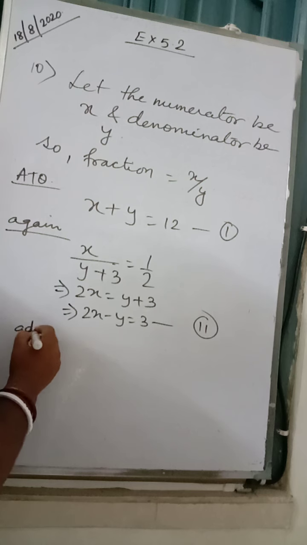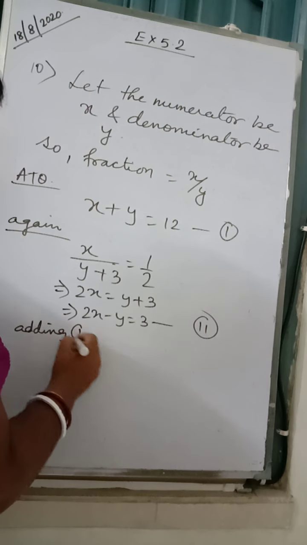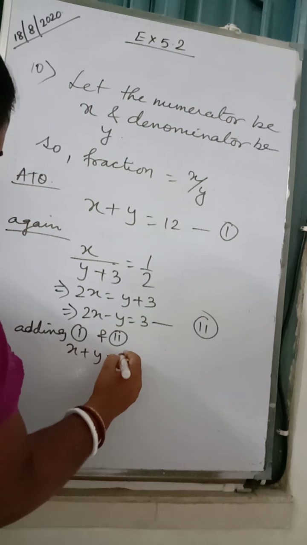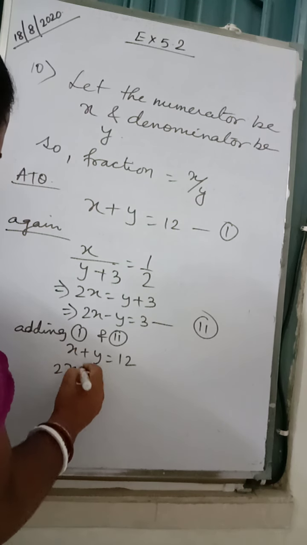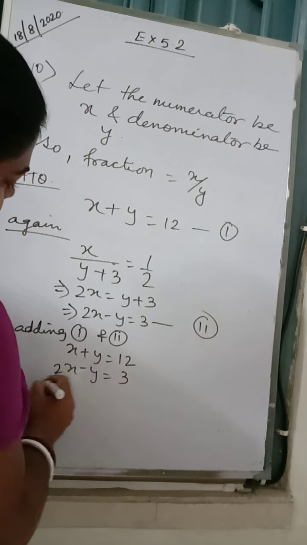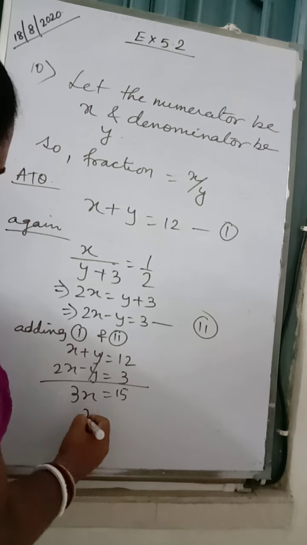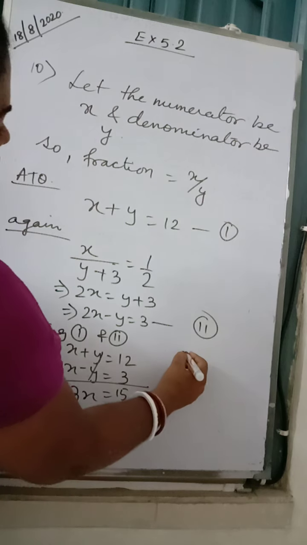Adding 1 and 2: x plus y is 12, 2x minus y is 3. y cancels, 3x is 15, x is 5.